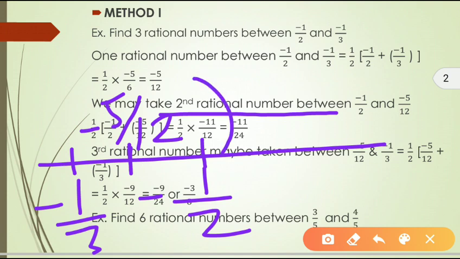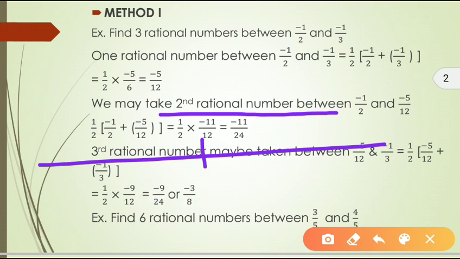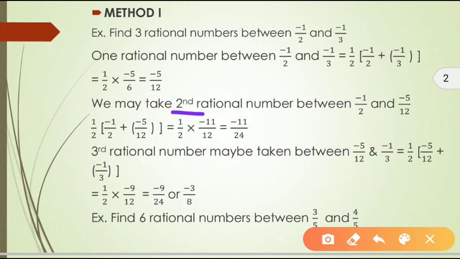We can also find out the rational number between these two. Second is to find out the second rational number. Find the second rational number between minus 1 by 2 and this minus 5 by 12. You can also find out the rational number between minus 5 by 12 and minus 1 by 3. It is up to you.